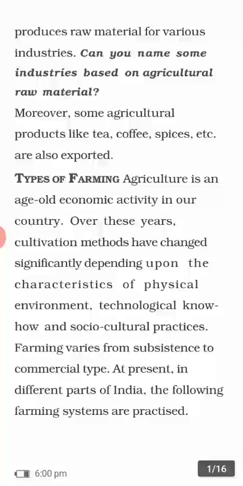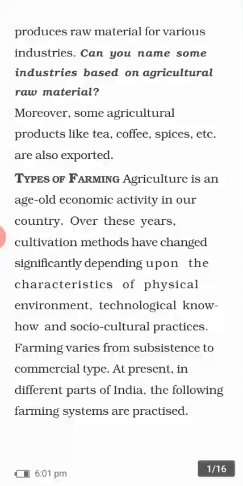All of these industries are called agri industries, like the industries that produce milk, coffee, tea, spices, and many other things that we consume in our daily routine. These industries receive their raw material from the agriculture.